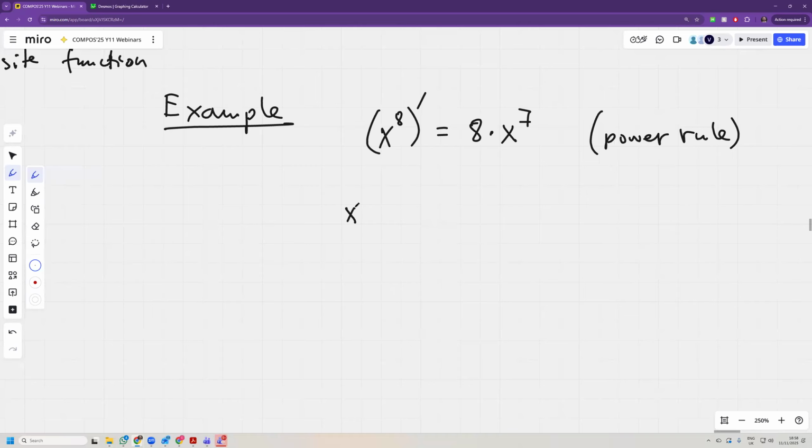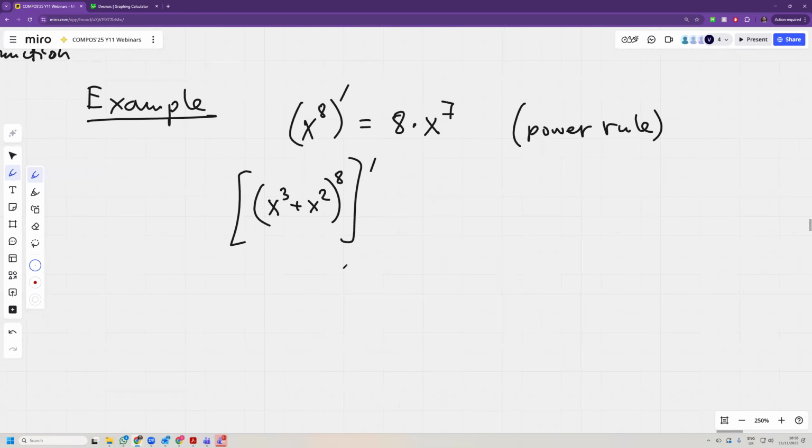So for example, x cubed plus x squared, all to the power 8, and you wanted to find the derivative of that. Wouldn't it be just brilliant if it was 8 multiplied by whatever that is, x cubed plus x squared, to the power 7?